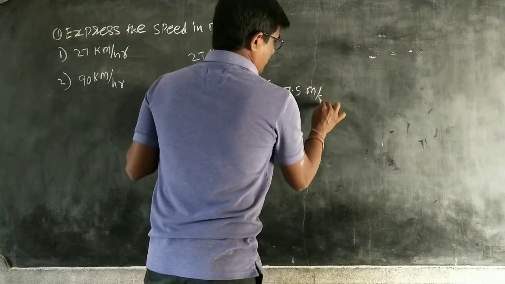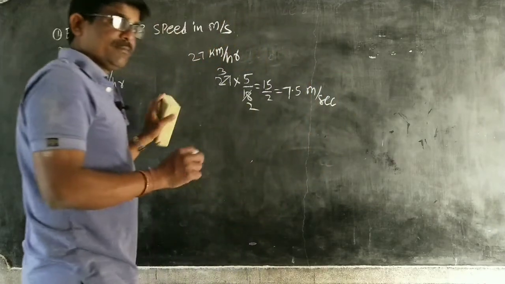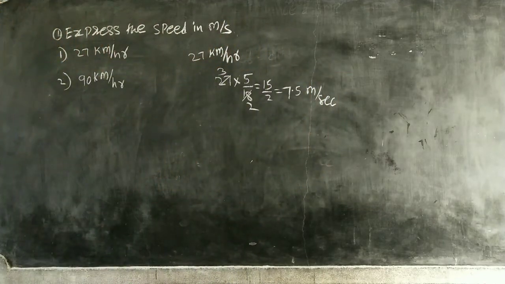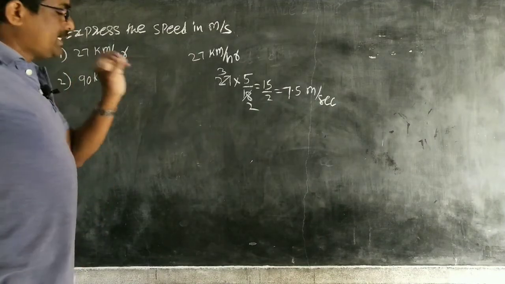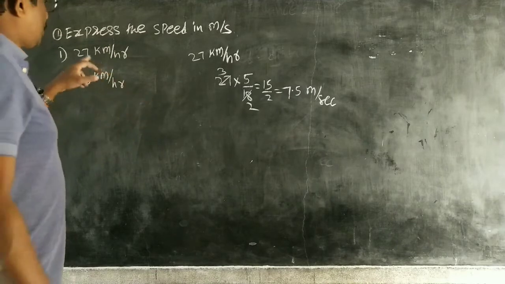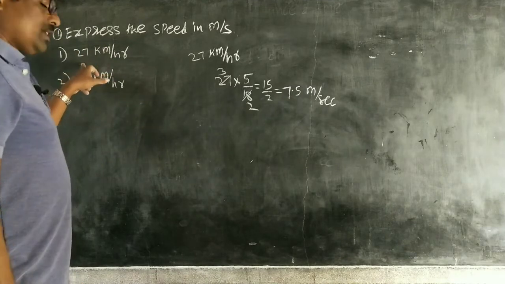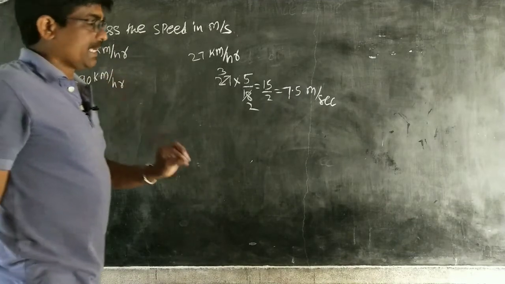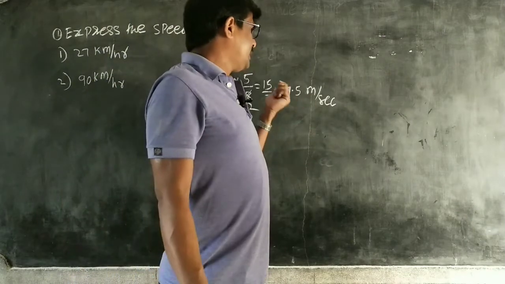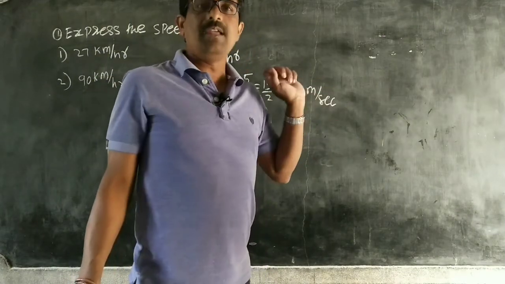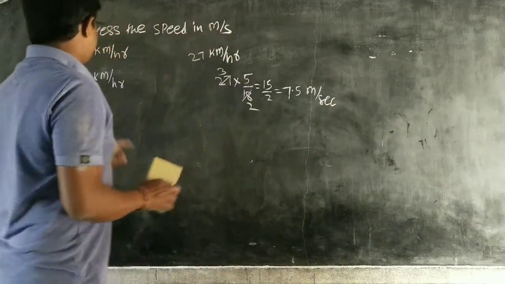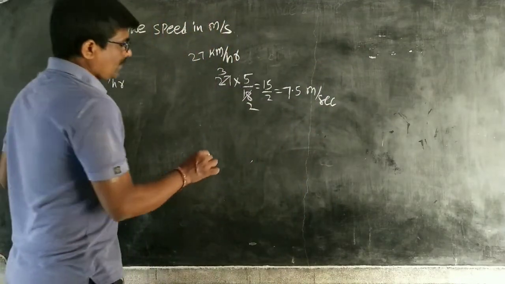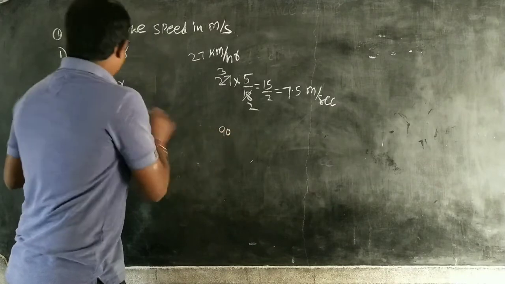Meters per second. What does it mean? Any bus or auto, any vehicle, if it travels 27 kilometers in 1 hour, the same vehicle in 1 second travels 7.5 meters. Okay. Next. Same, 90 kilometers per hour is given.